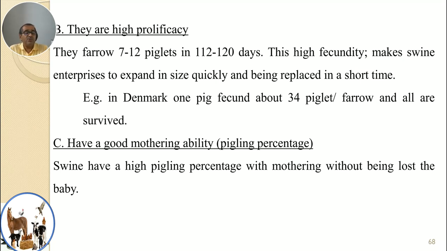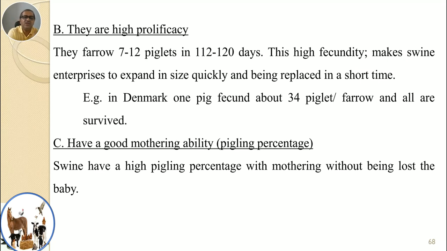they are very high prolific breeders. Pigs have prolific breeding efficiency, number one because the number of piglets per farrowing is usually 7 to 12, sometimes it may reach up to 14 also.